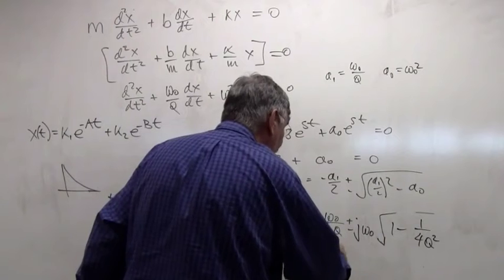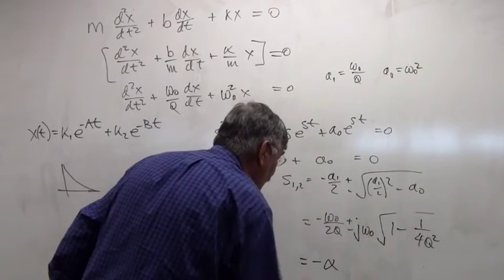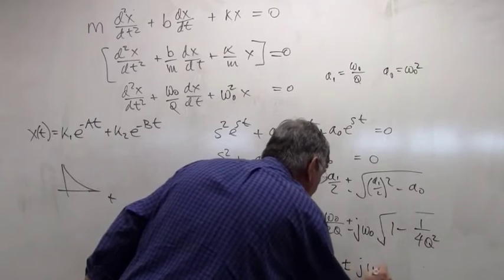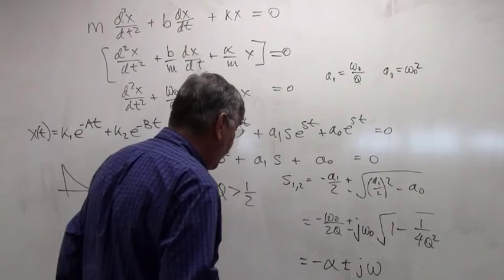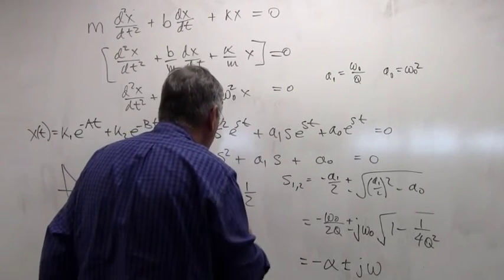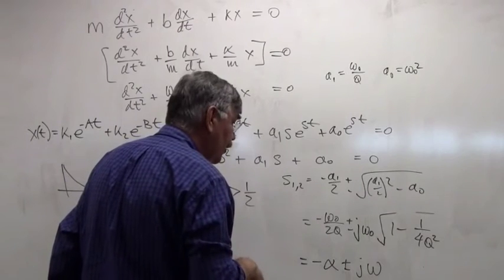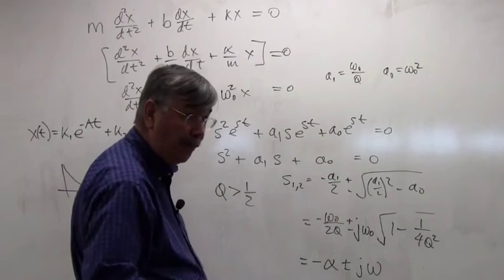And now, this is a thing that we can write in the form of minus alpha plus or minus j omega, where alpha and omega are two positive numbers. And again, we're assuming all the coefficients up there were positive, and this is the case where Q is greater than a half, in which case we get these complex numbers for the roots.